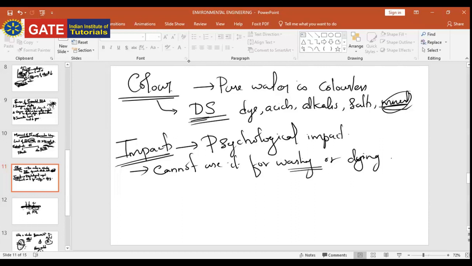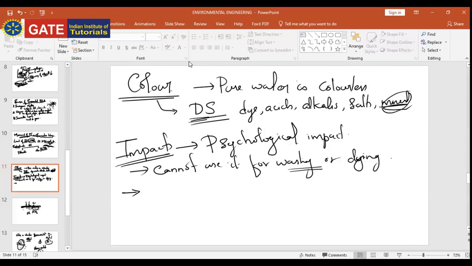Okay, can I go for the third one? The third one is, yes, a serious one. If you have some colored water and when it goes for purification, some engineers don't know the order to do the purification. They just think that, okay, anyways, I have to add chlorine. So they'll add the chlorine in the colored water. But the fact is that some color causing dissolved solids can react with the chlorine to form carcinogenic compounds.